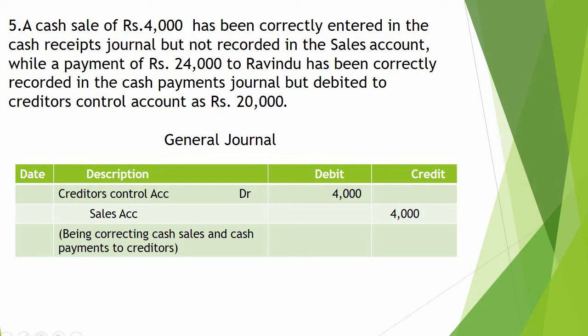This is a compensating error. The correction entry is creditors control account debit 4,000, sales account credit 4,000. You have to write a narration like this.